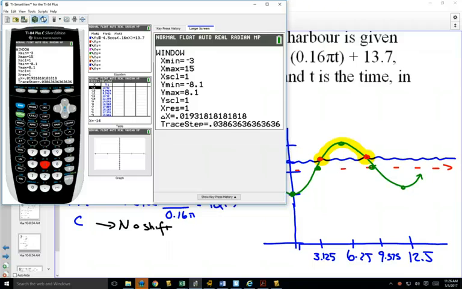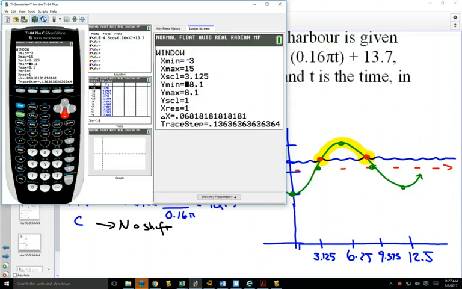So I see a little bit on each side. The thing under here, which says XSCL, that's your x scale. If you want to be really fancy and have these ticky marks exactly where we have them at 3.125, you can change that to 3.125. And it'll have ticky marks every 3.125, so it'll have the 6.25, the 9.375, and the 12.5.